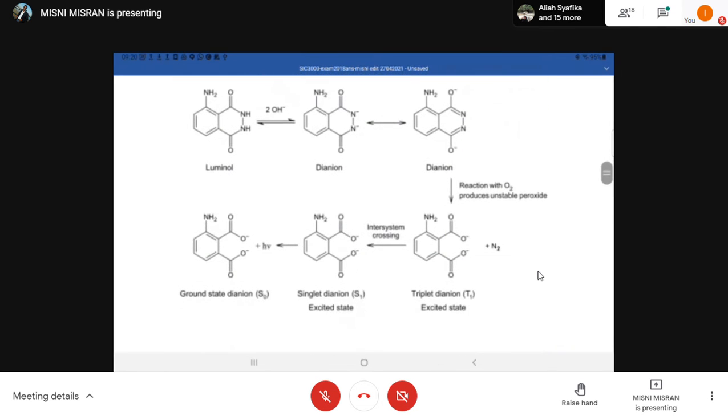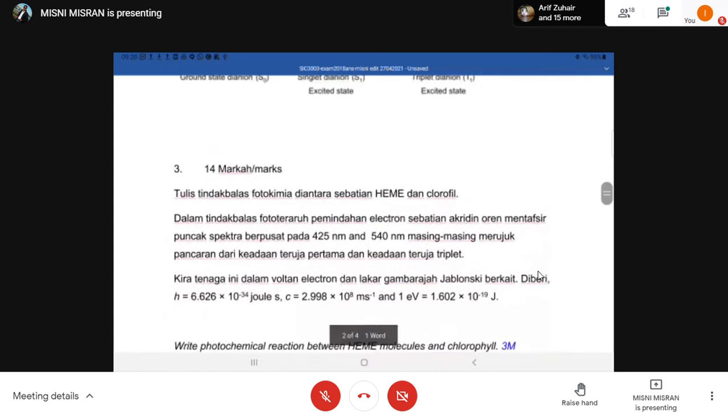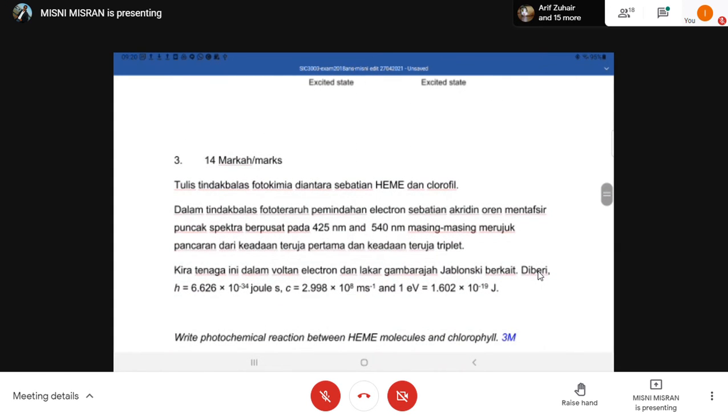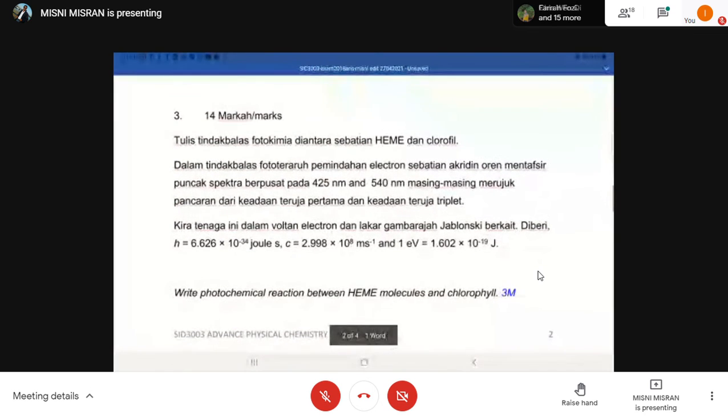Okay, we get to the next question. Remember, this is on photosynthesis, so there are different parts. The first question was related to the first lecture notes, on bioluminescence. This one is related to photosynthesis, right?